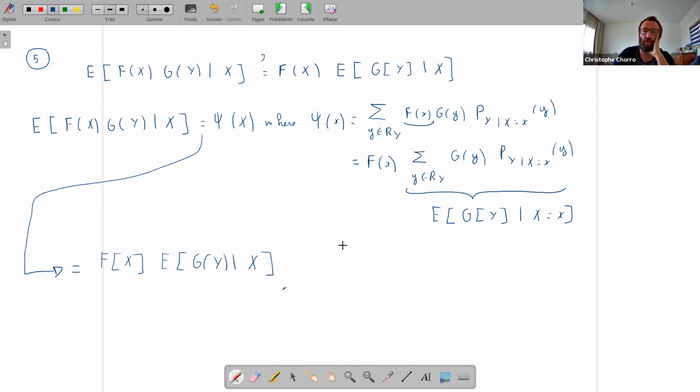That is not to handle sums, but in order to handle integrals. You will see that the proofs are exactly the same, okay, but it's a nice way to handle the definition of the conditional expectation in the jointly continuous case. Okay, so I have this one.